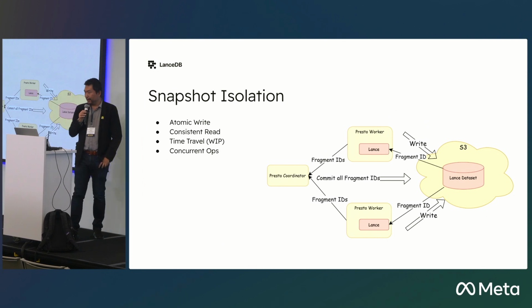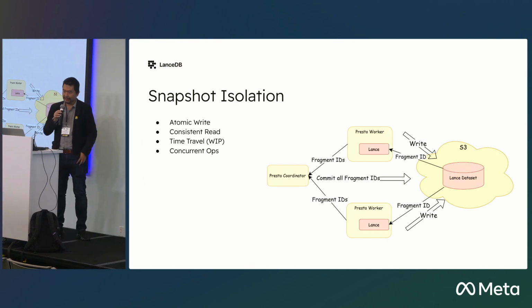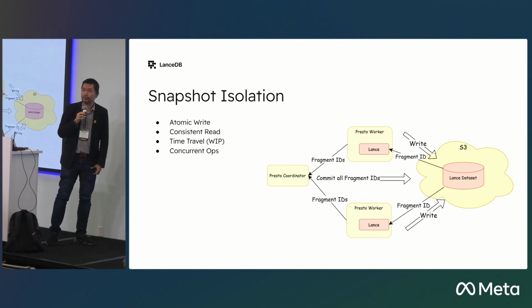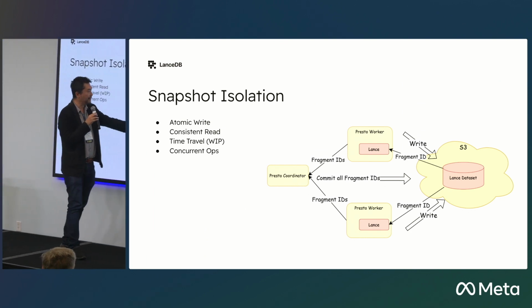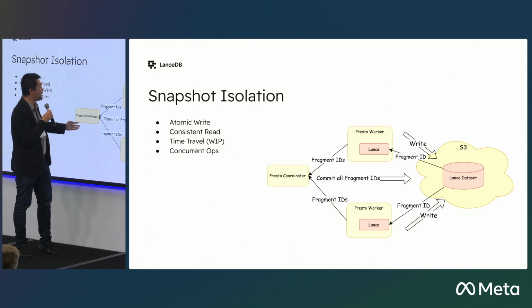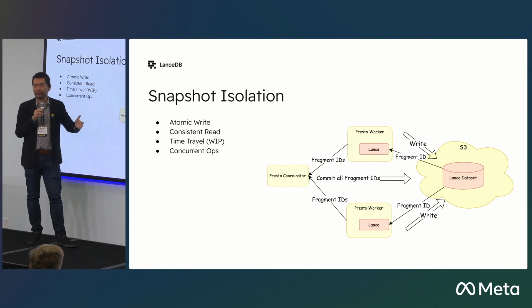Okay, here I will talk a little bit about data consistency, which we call snapshot level isolation. Very similar to Iceberg or Hudi. For each Lance dataset, we have a version. Which means when we write something, because I think the majority use case on the Presto side should be the write case rather than the read.